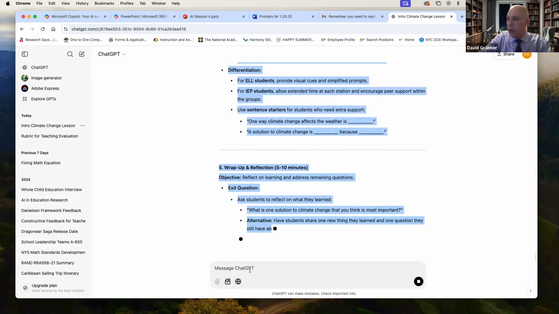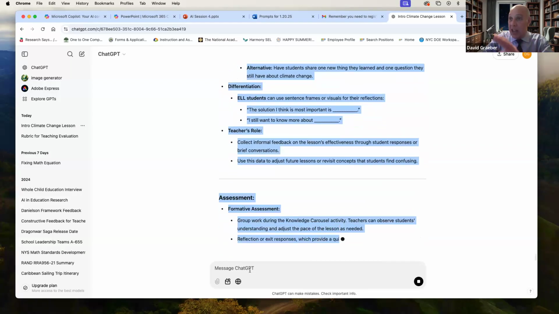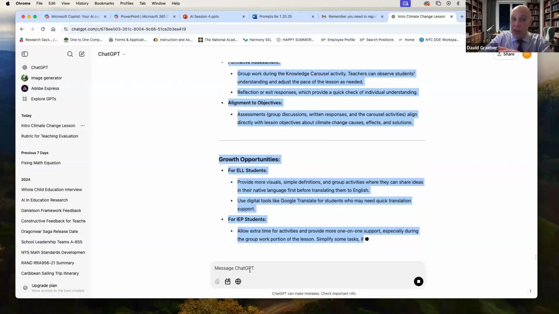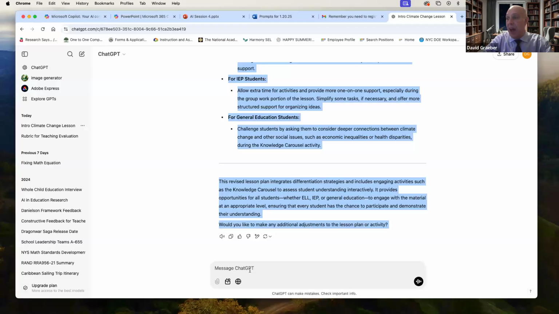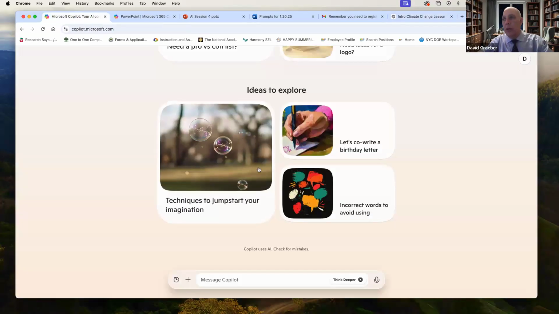Now, this is ChatGPT, probably the widest used tool, but let's say your school district uses Microsoft 365, and you have access to Microsoft Copilot.